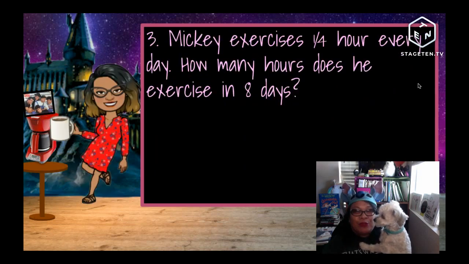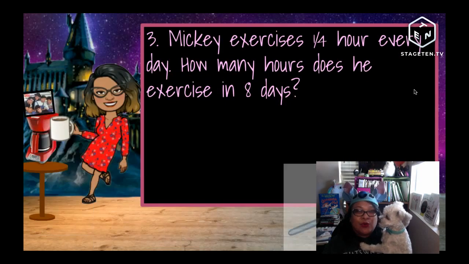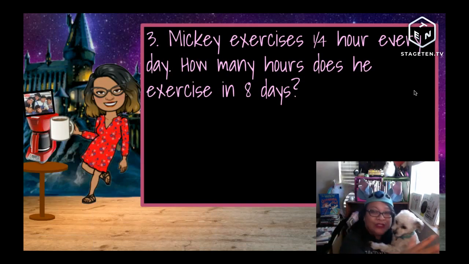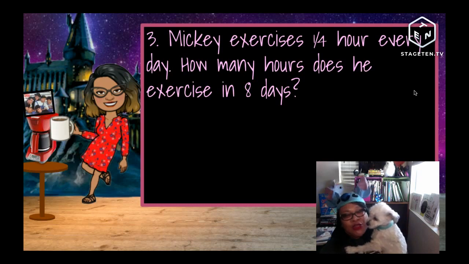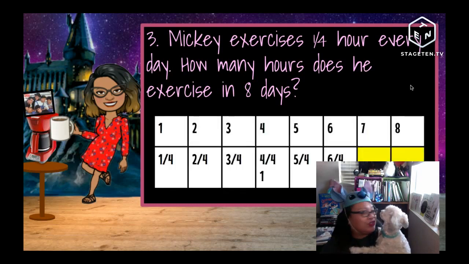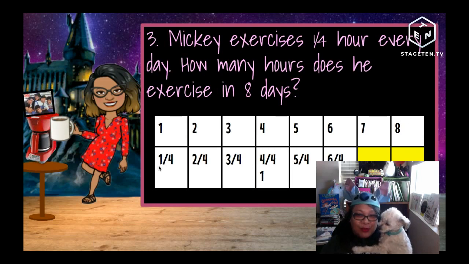So number 3, Mickey exercises a 1/4 hour every day. How many hours in total does he exercise in 8 days? So to solve this, we can draw a diagram, in which case we have a table. The top row is the number of days he exercises, and then the second row is how much exercise Mickey has done in total.